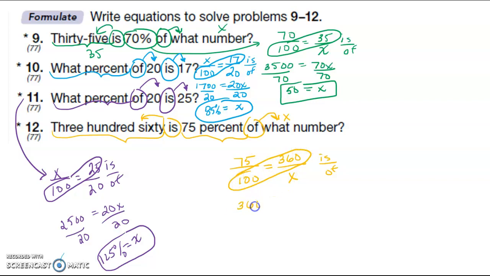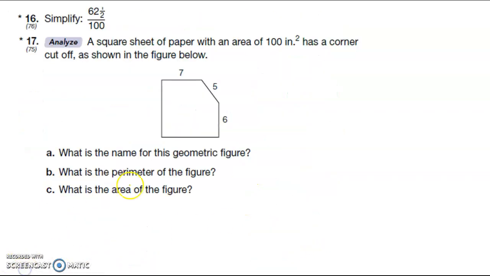Cross multiply, divide. I get 480 for that. Okay, let's go on to the next page.